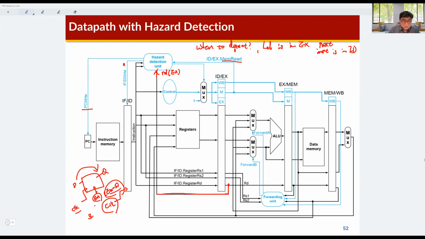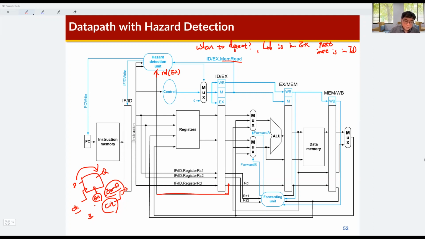If this instruction fetch ID pipeline register write is 1, then the input of this pipeline register is updated to the ID stage, that means the output of the D flip-flop, at the rising edge of the clock. Okay.